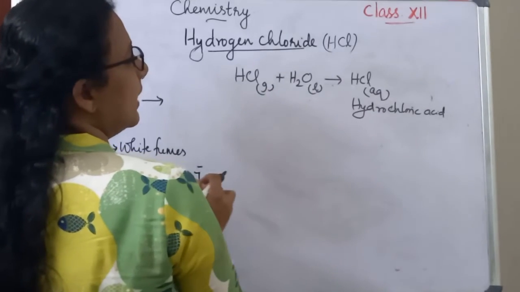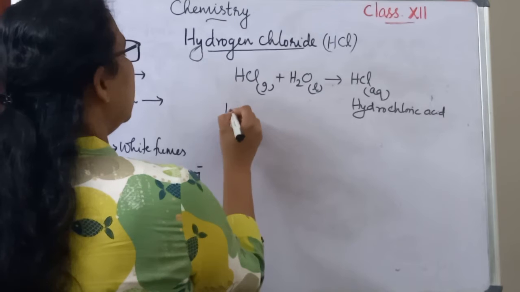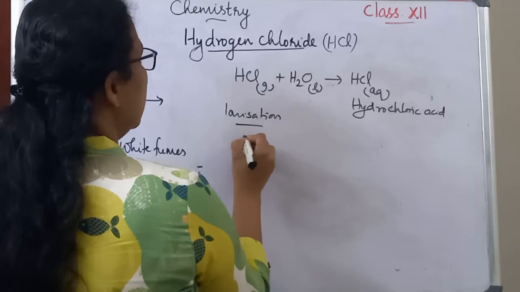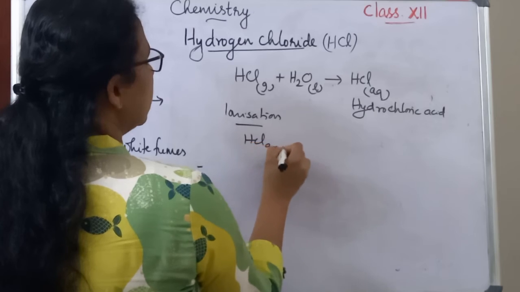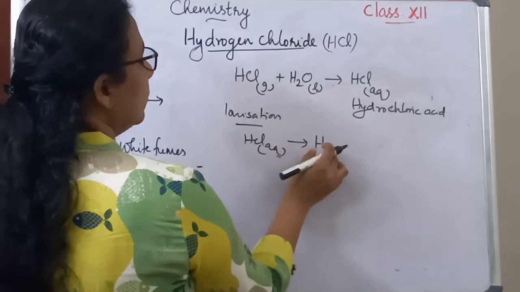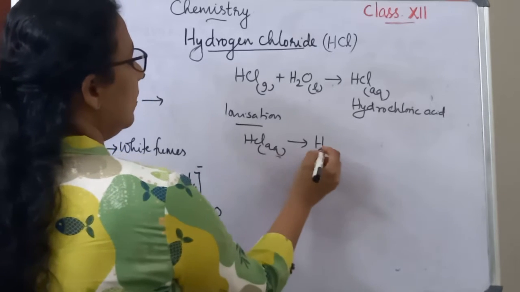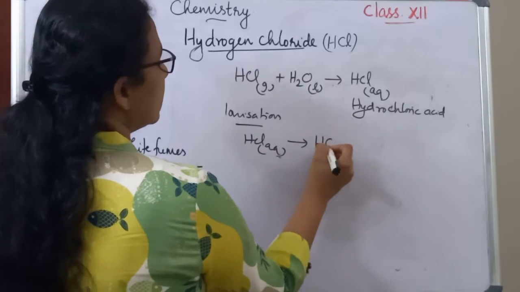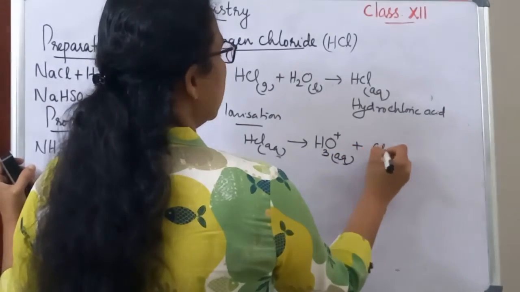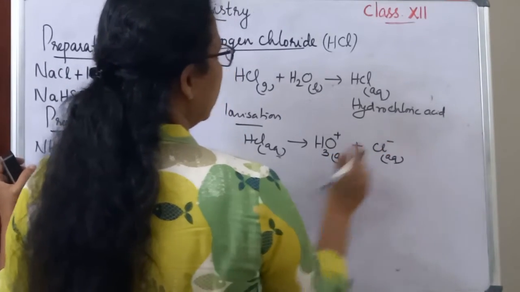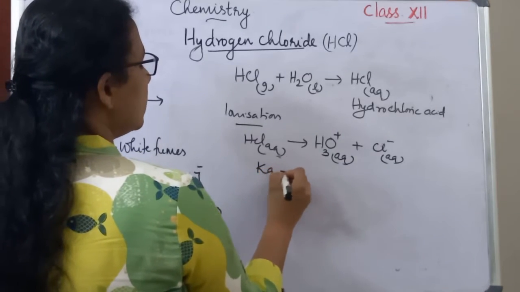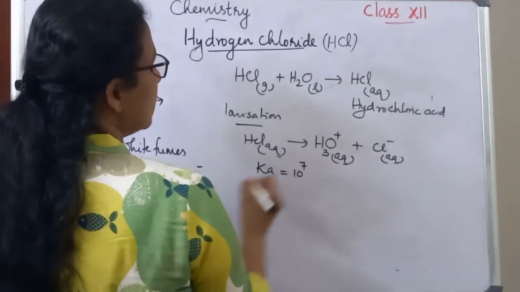We know that hydrochloric acid is a strong acid, and we can write the ionization. The ionization of hydrochloric acid, that is HCl aqueous, produces H plus and Cl minus. We know that H plus will not exist alone. It exists as H3O plus, hydronium ion aqueous, plus Cl minus aqueous. So this is the ionization of HCl aqueous. And also the Ka value, dissociation constant, is 10 raised to 7.